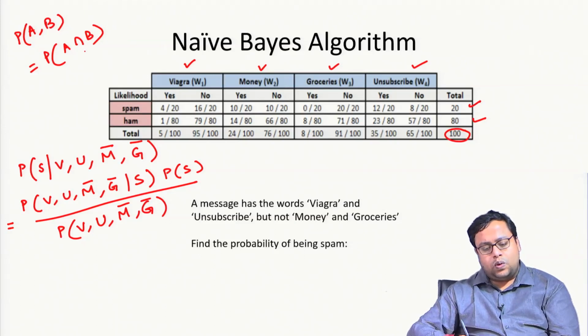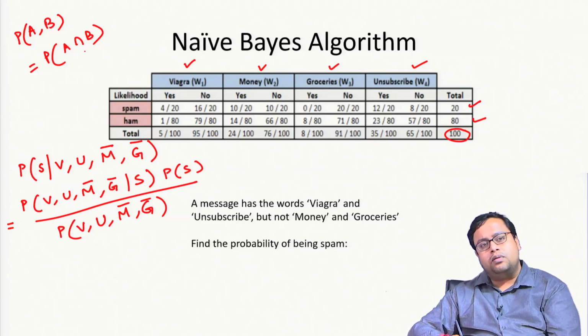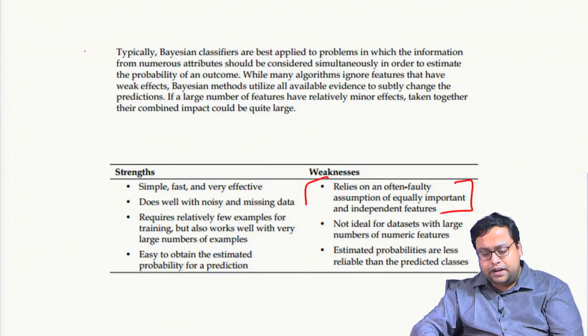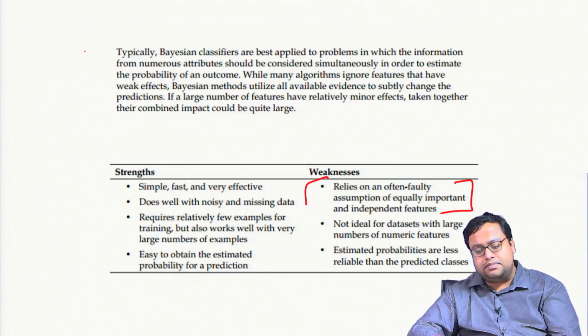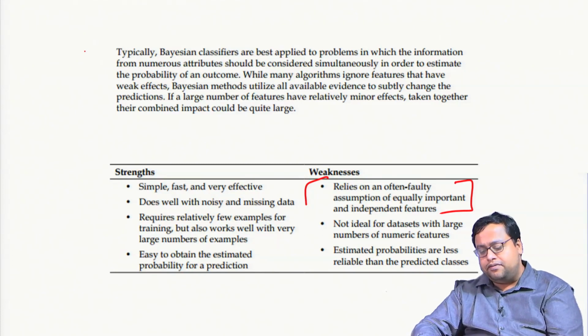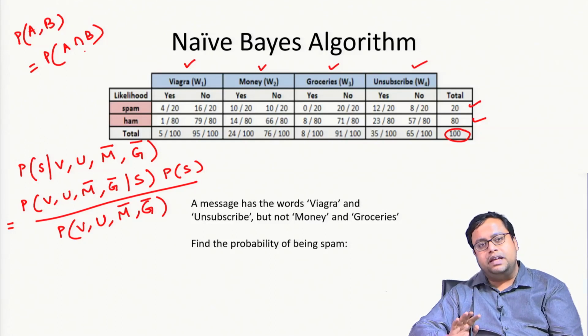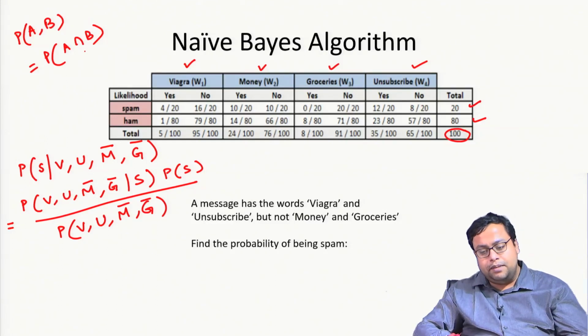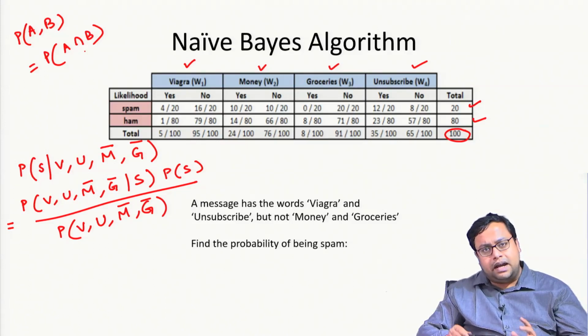Now, I do not have the value of P of V comma U comma M dash comma G dash. So, here the assumption comes in, and that is a failure, as it relies on an often faulty assumption of equally important and independent features. So, we are bringing in that these features, which are the words, are independent of each other. Might not be the case; probably sometimes money, grocery or unsubscribe might be related.